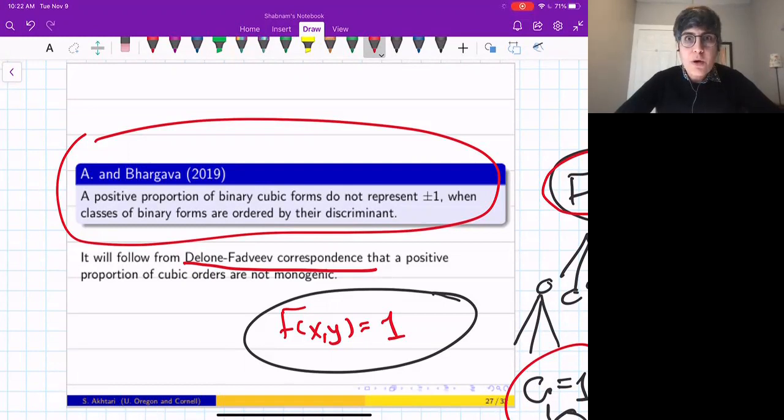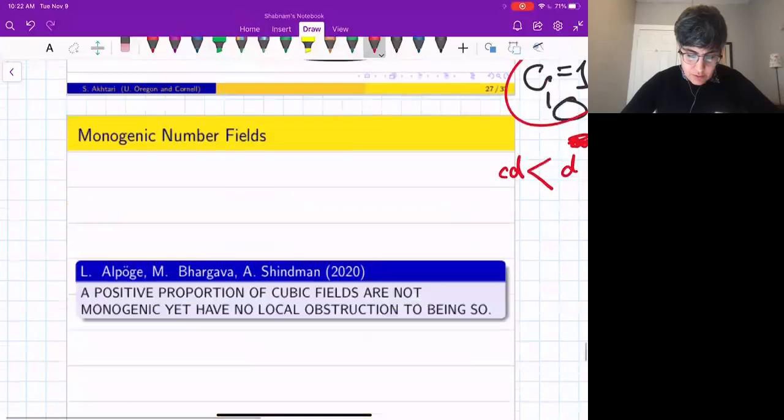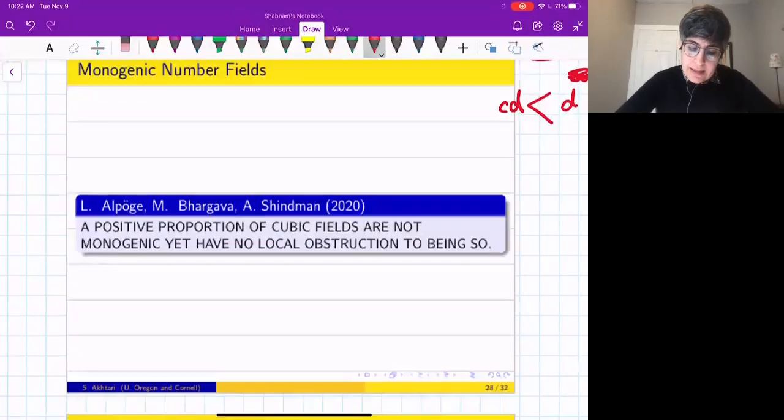For number fields, Bhargava and collaborators, like Alpöge and Shnidman, have results both for cubic and quartic, and they came out in 2020 and 2021. They're very recent, very elaborate techniques, really beautiful work. But my understanding is that the reason we don't talk about higher degrees is just that they're very difficult, but the conjecture holds.